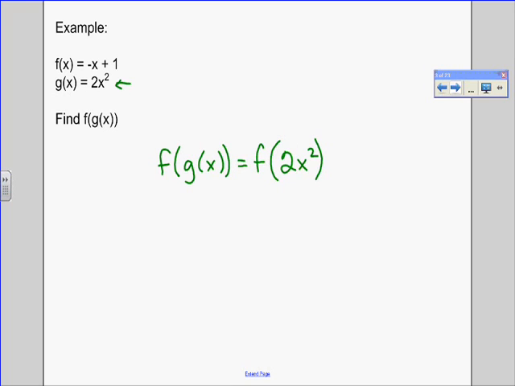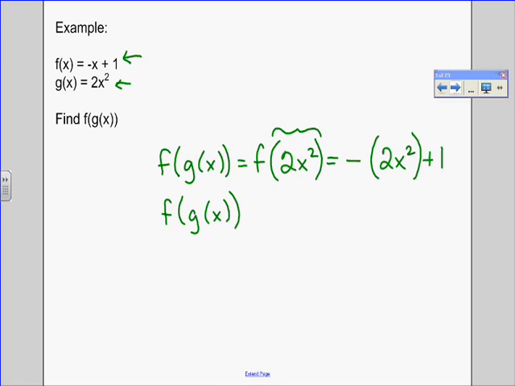So what I'm going to do is, in this function f, right here, wherever I have an x, I'm going to replace it with a 2x squared. So what does that look like? It looks like this. Negative 2x squared plus 1. So let's simplify that a little bit. f of g of x is equal to negative 2x squared plus 1.